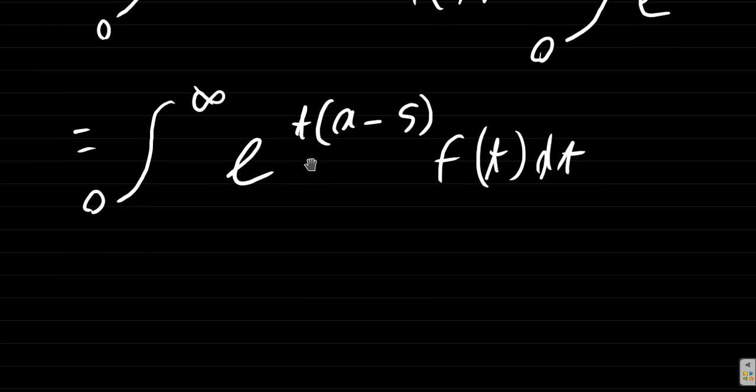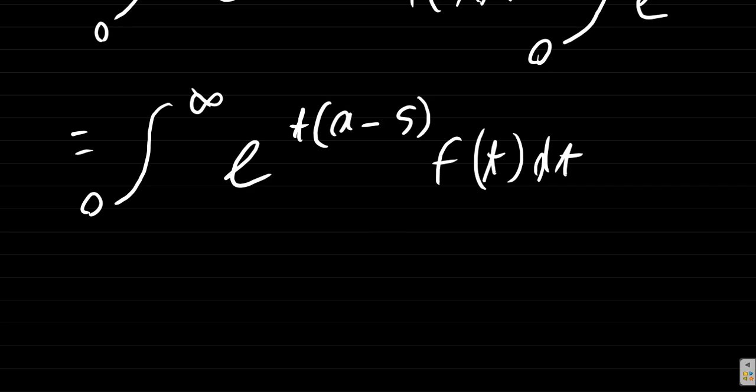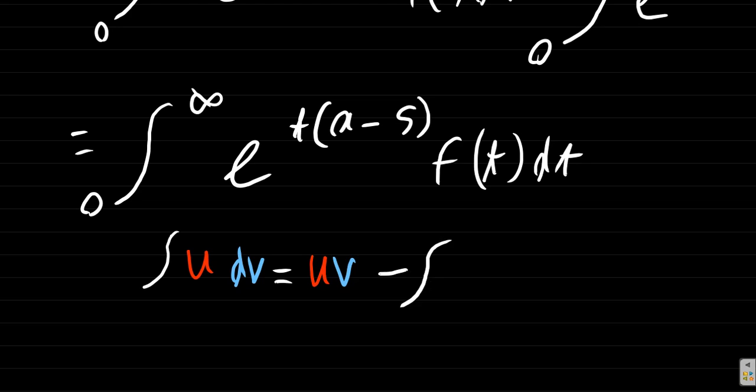Now, suppose you consider using integration by parts. Let us say we use the fact that the integral of u dv is equal to uv minus the integral of v du.